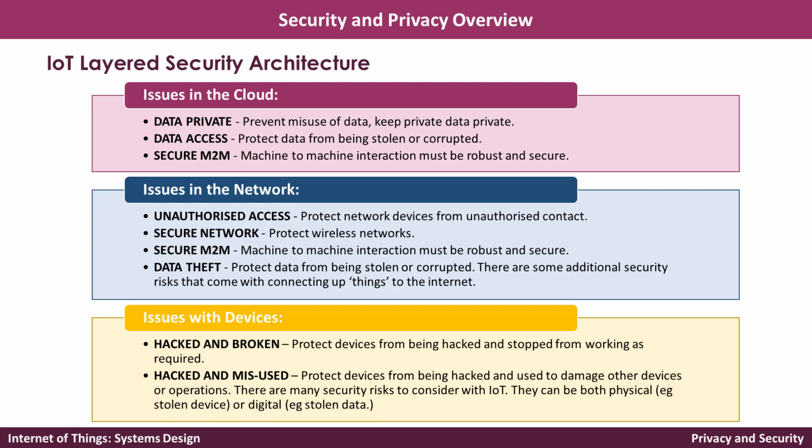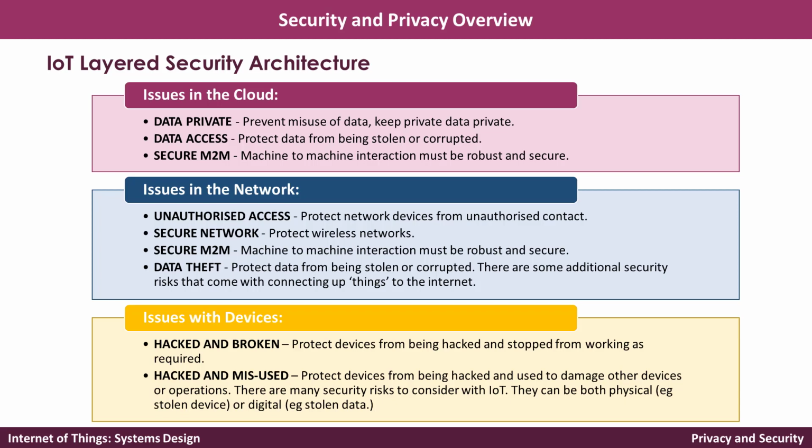In the cloud, one of the key priorities is to prevent misuse of data and keep private data private. Then you need to protect data from being stolen or corrupted. Thirdly, the machine-to-machine interactions must be robust and secure. Here we are talking about machines connected to each other through the cloud.